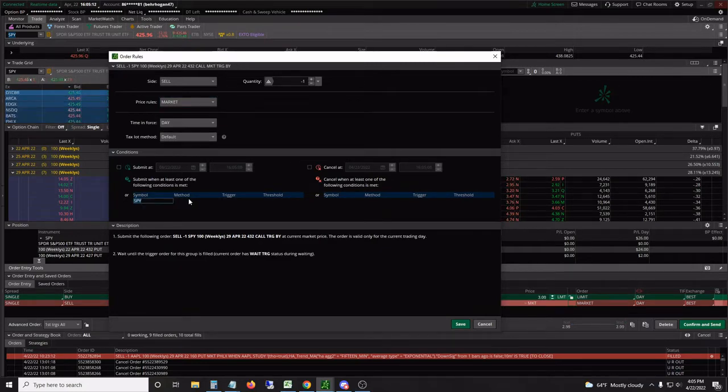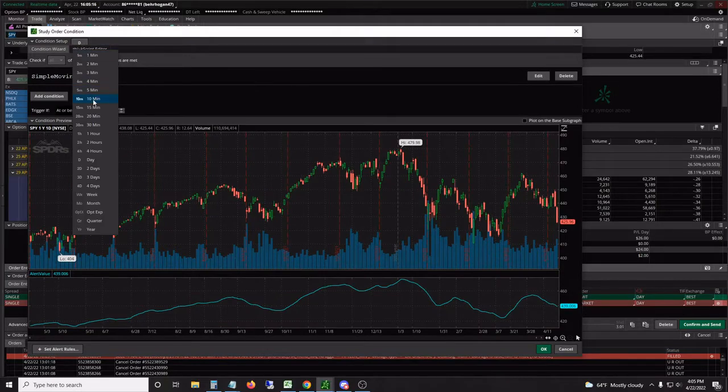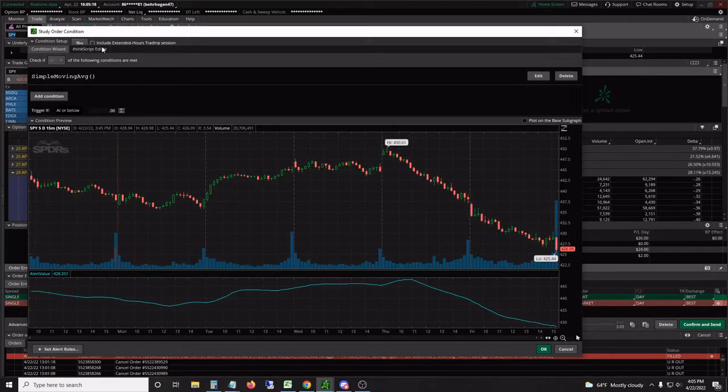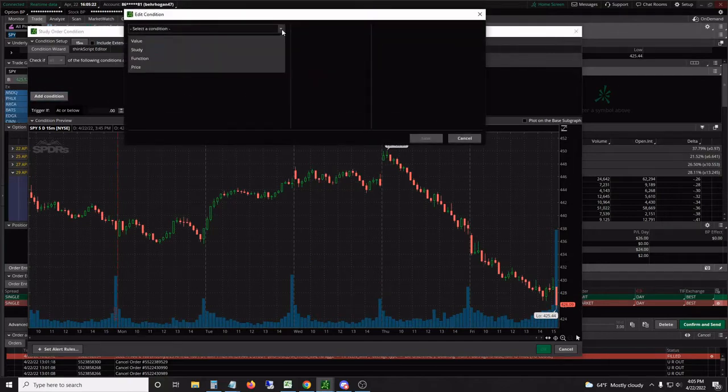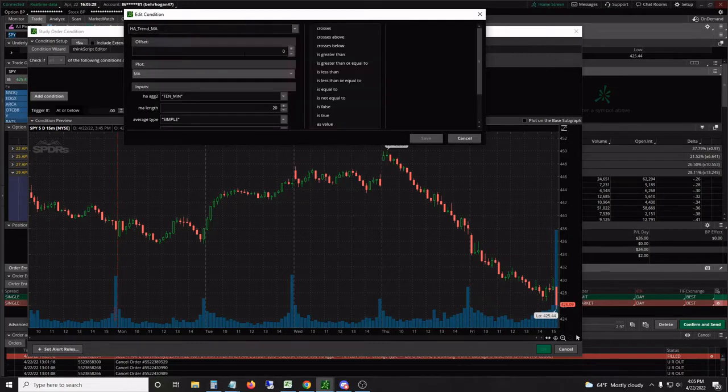But in this case, you can see here, I base it off the 15-minute chart. And I come up here and I do study HA trend moving average, and let's say up signal.